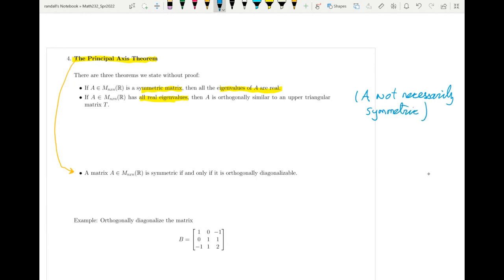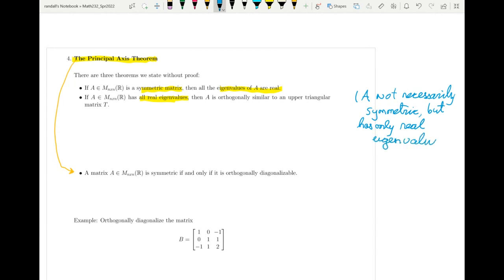But it is a special matrix in the sense that its eigenvalues are only real. Okay, so maybe I'll add that here just to emphasize what the difference is between this statement and the more specific one we were talking about. So A not necessarily symmetric, but has only real eigenvalues. Okay, so no complex eigenvalues.